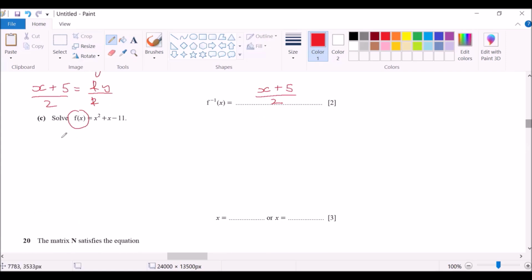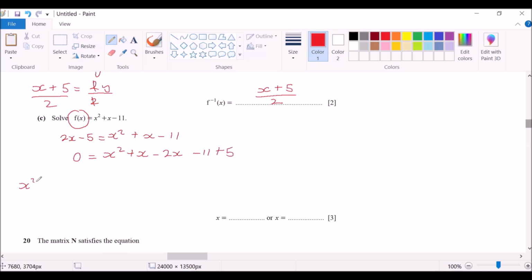So the equation will now be 2x minus 5 is equal to x squared plus x minus 11. We rearrange. We take everything to the right-hand side. 0 is equal to x squared plus x minus 2x minus 11 plus 5.